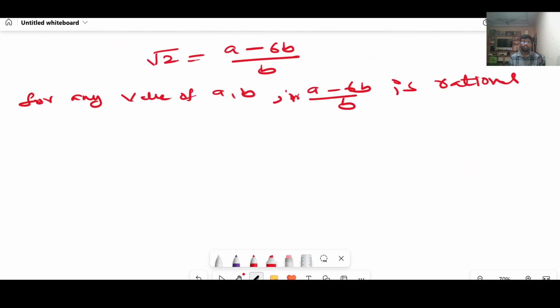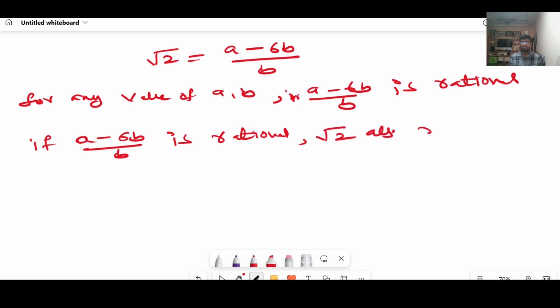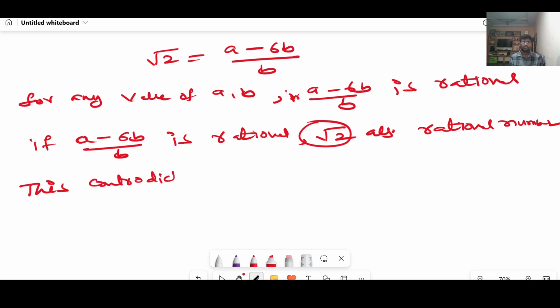If a minus 6b by b is rational, root 2 is also a rational number. But we know that already root 2 is an irrational number, right? Therefore this contradicts the fact.